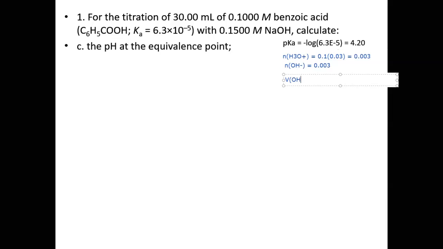So volume of hydroxide equals 0.003 divided by 0.15, which is 20 milliliters. So our total volume is 30 plus 20, 50 milliliters.